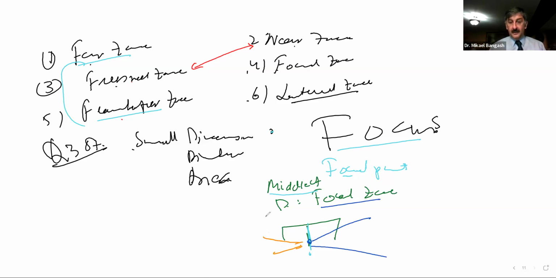So D could also have been a right answer had it said the middle of the focal zone. Otherwise, focus or focal point would have been the only answer. Did that make sense? Yep. Good.